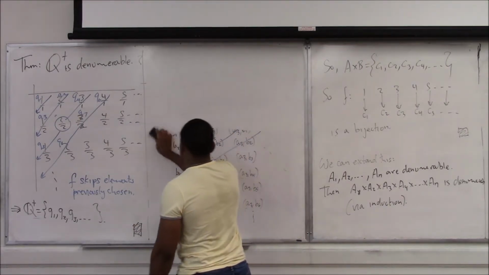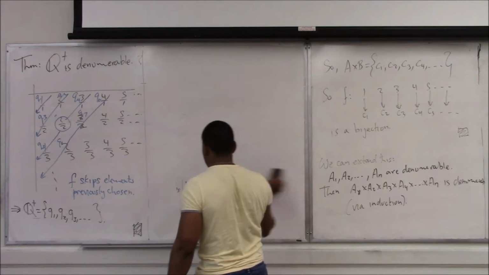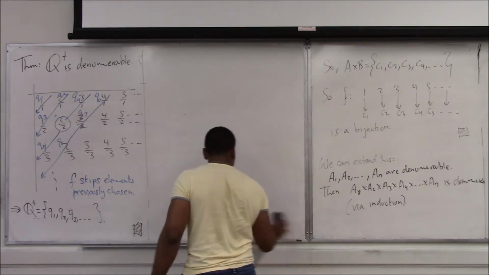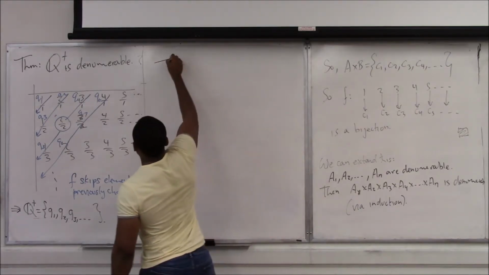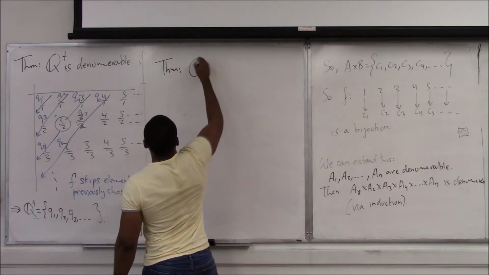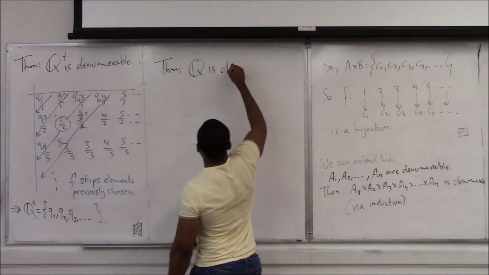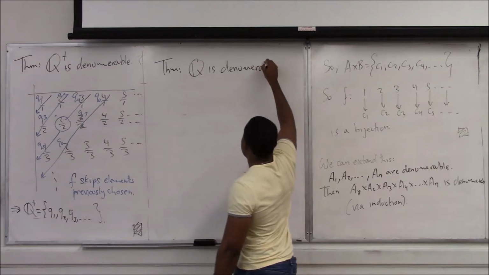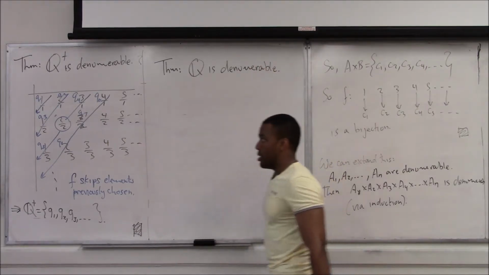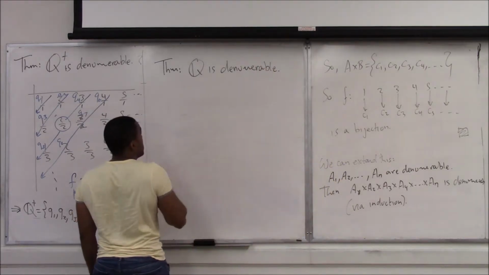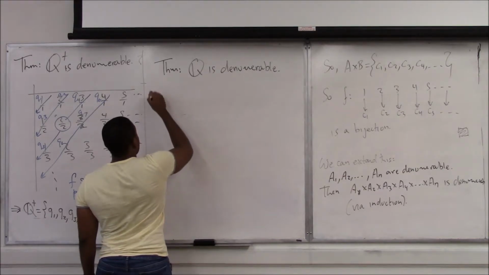From that, we can prove that the set of all rational numbers is also denumerable. Q is denumerable. Basically, proof.